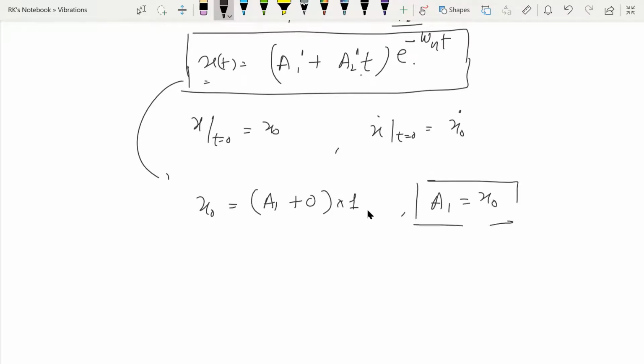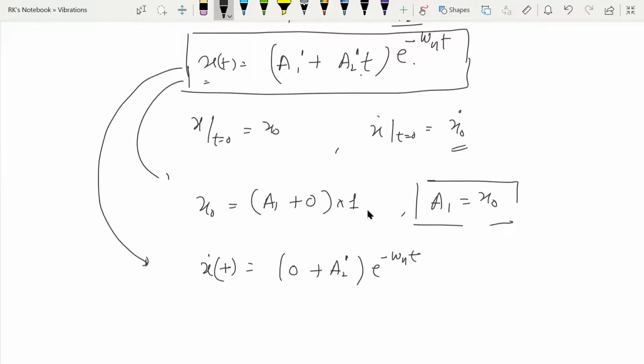And now we'll put the initial condition on the velocity. So we'll differentiate this equation and we'll get the equation for velocity. So this is x naught, x dot t, the first differentiation of this displacement equation with respect to time. So this becomes 0 plus a2 prime multiplied by e raised to power minus omega n t, or we can say this is minus omega n e raised to power minus omega n t and a1 plus a2, right?